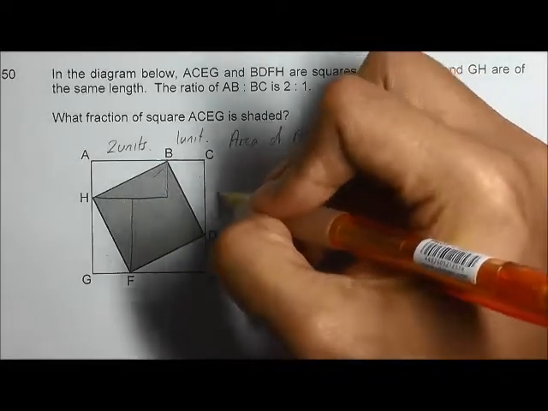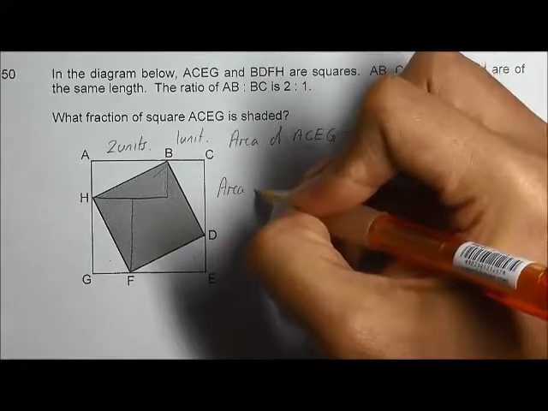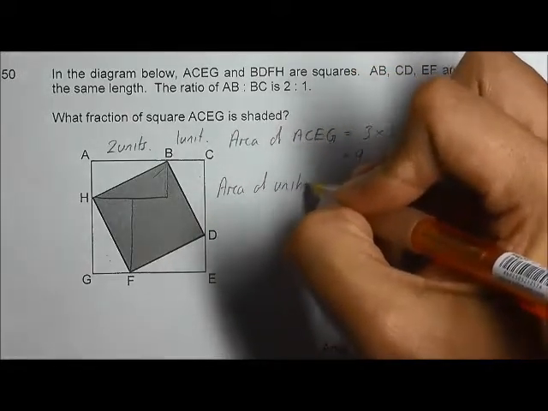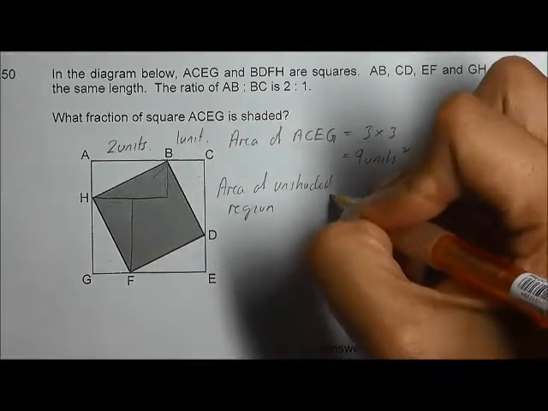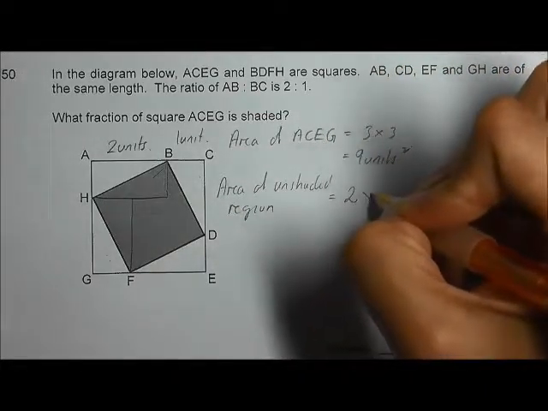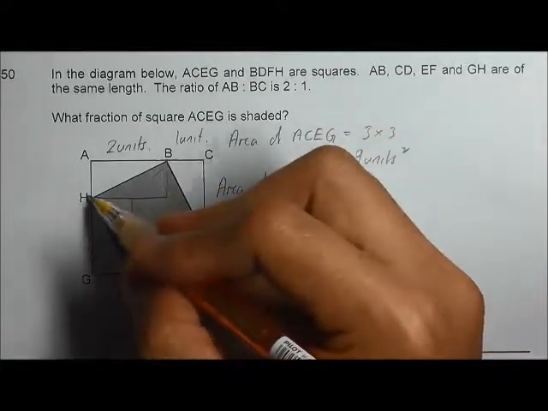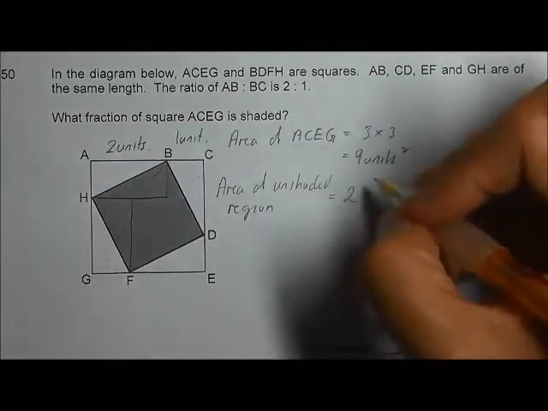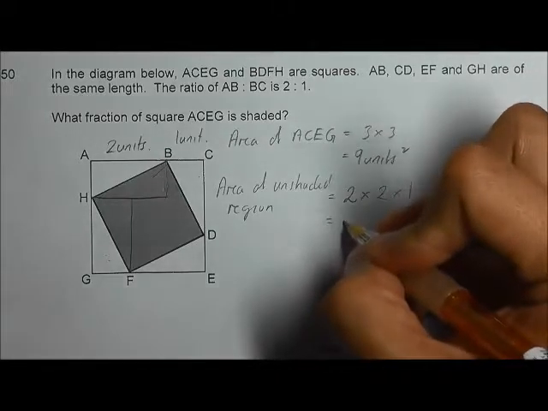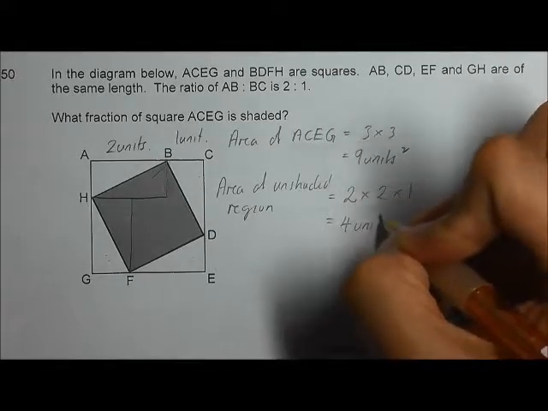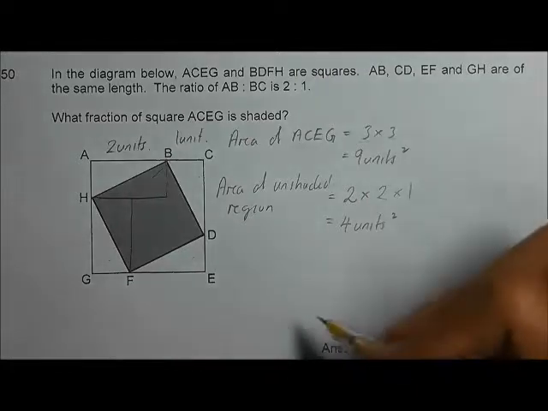So the area of the unshaded region will be equal to 2 times the area of this rectangle. So 2 times 2 units times 1 unit. So we have 4 units squared.